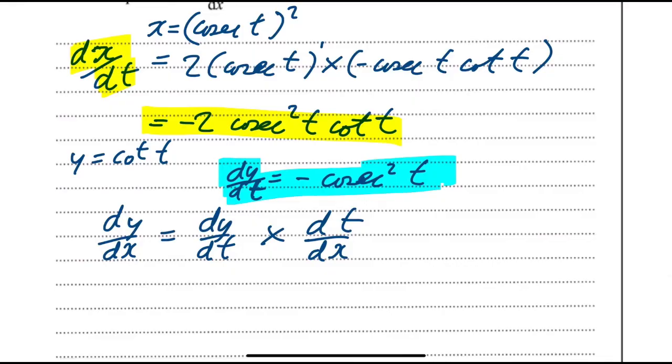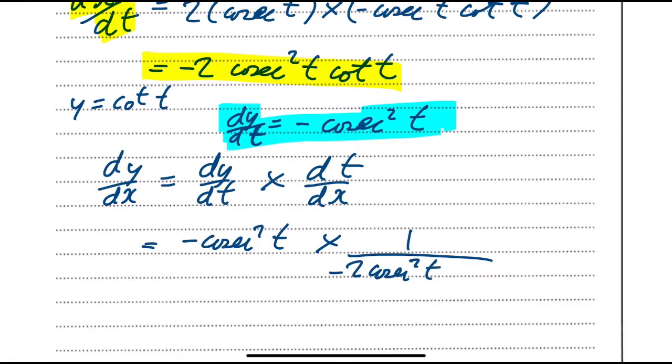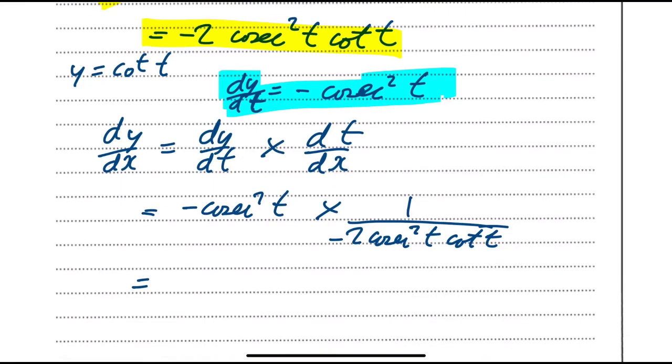So the formula was dy by dx is equal to dy by dt, which we can just write down as minus cosec squared t, and dt by dx then is 1 over minus 2 cosec squared t cot t.